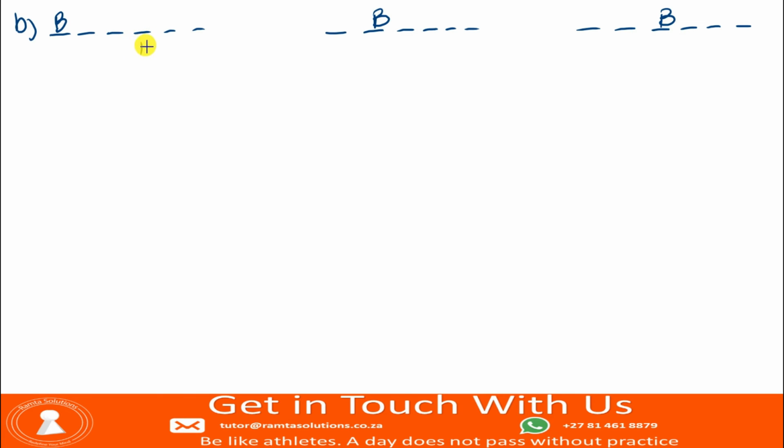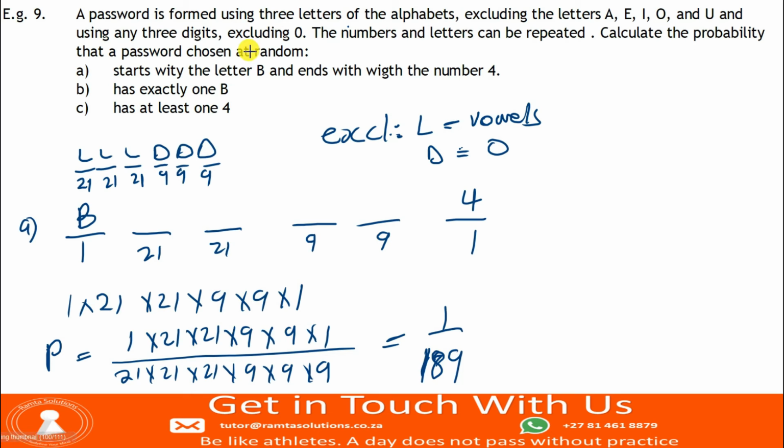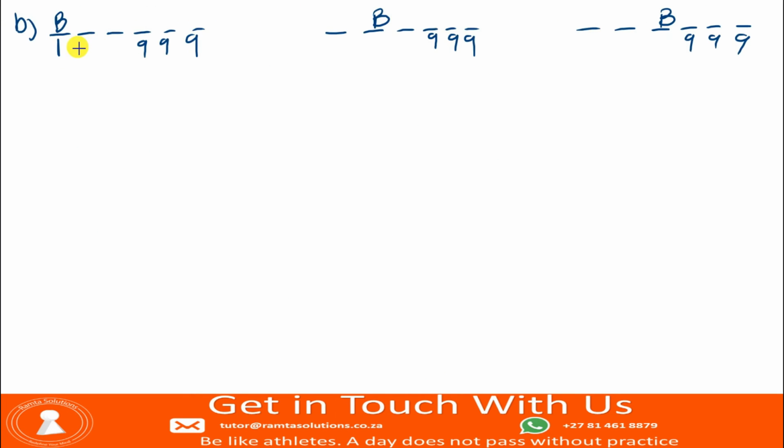There is nothing that they said regarding the digits. So it's still going to be 9, 9, 9. And what they had said was these are repeating, right? So it'll be 1, 21, 21, or 21, 1, 21, or 21, 21, 1.